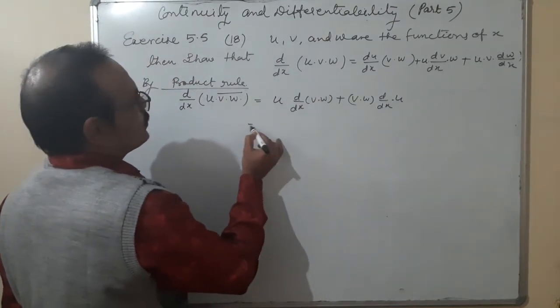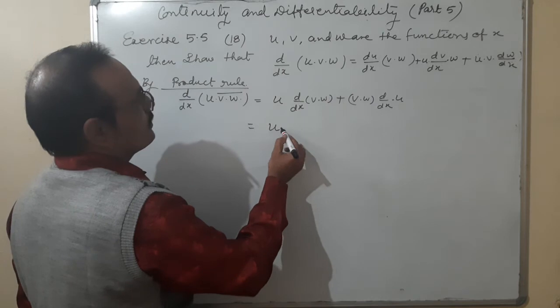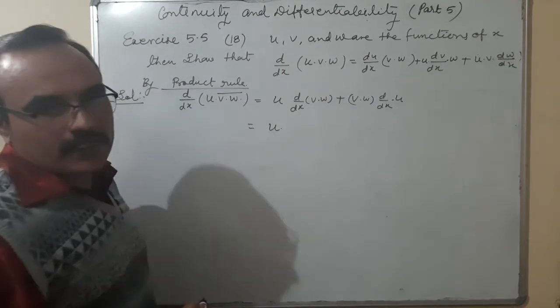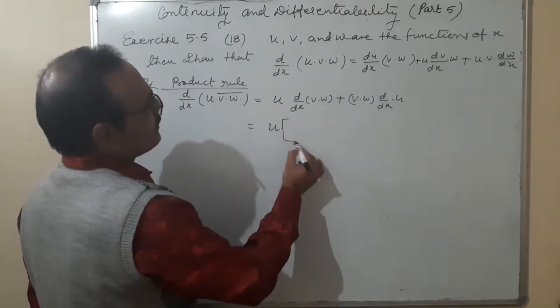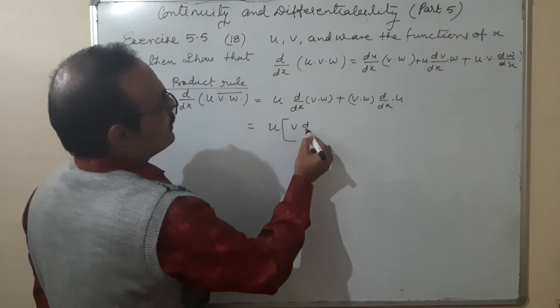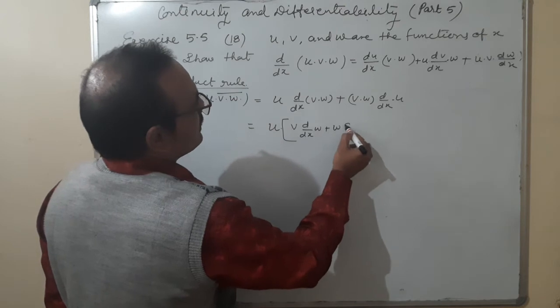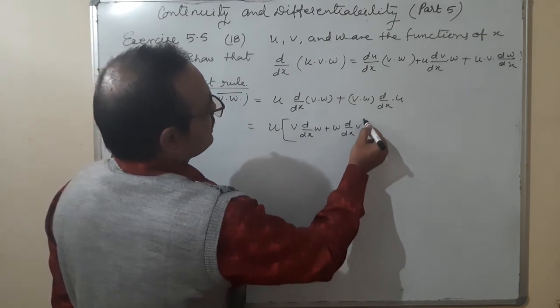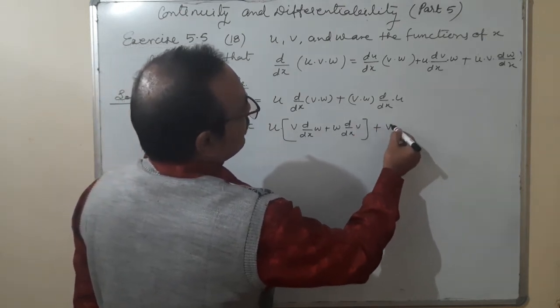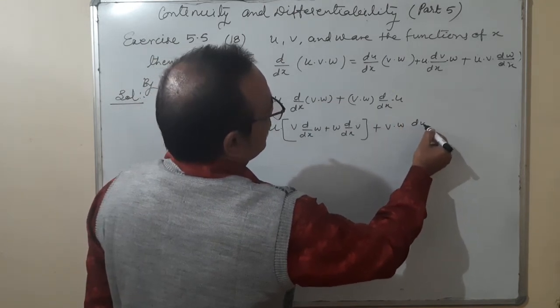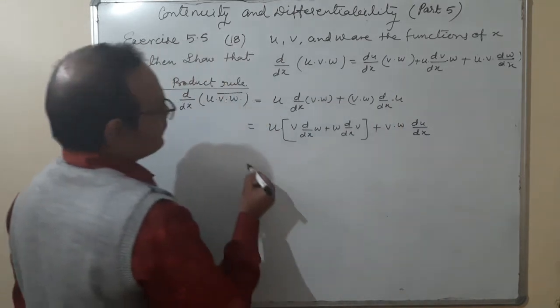How to solve it? For u times (v w), there are two functions in v w, so again using the product rule there: first function times differentiation of second function plus second function times differentiation of first function, plus v w du/dx.